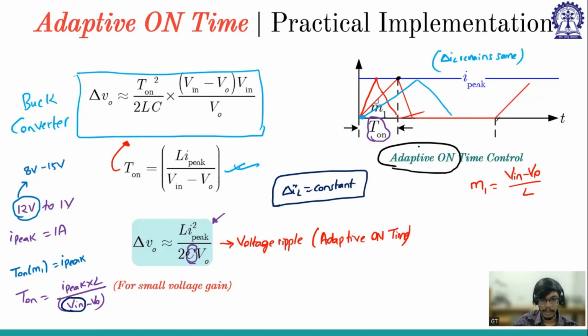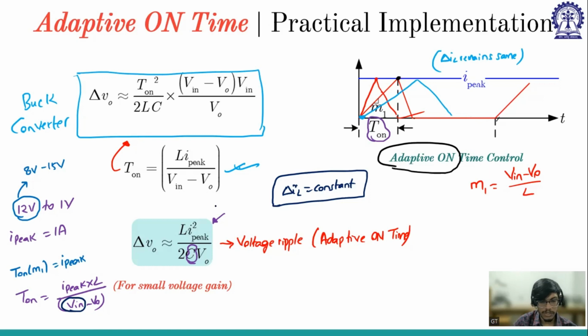Okay, that is clear. But in constant on time model, like what you are saying, sir, adaptive on time control itself. So we have discussed the constant on time. It is included in this adaptive on time. Sorry, I'm confusing between the constant on time and the adaptive on time controls.